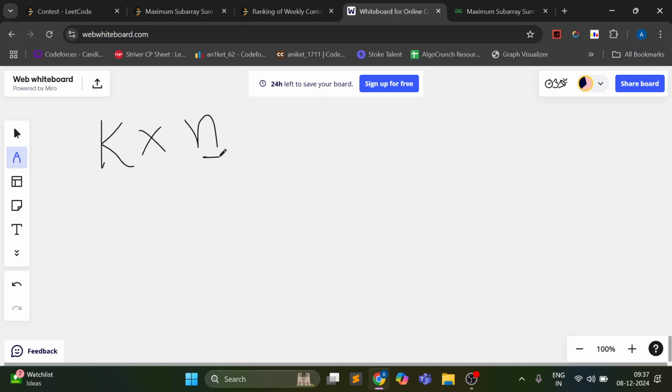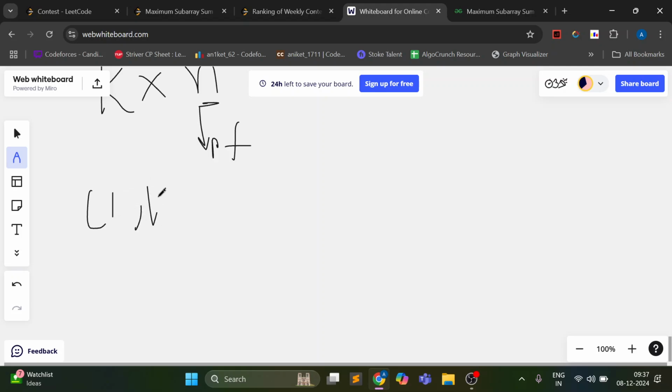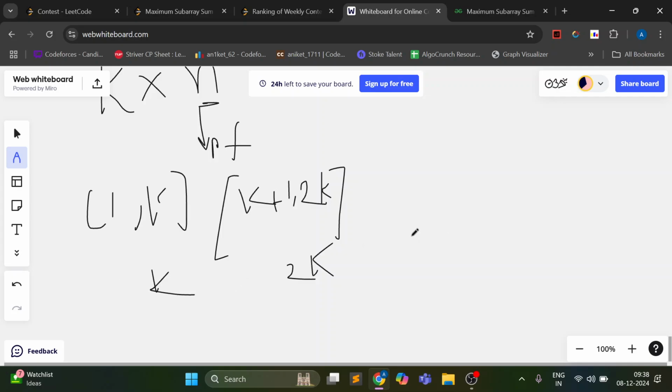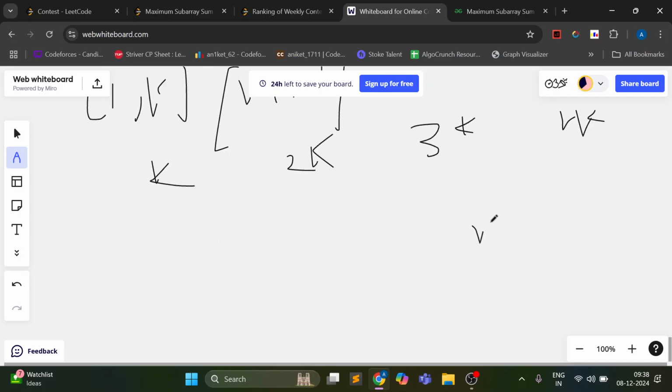Now here you will use prefix sum. For taking the sum of 1 to k, k plus 1 to 2k, you don't need to iterate the whole array. You just need to iterate over the endpoints of each partition: k, 2k, 3k, and rk, where r is less than or equal to n by k.